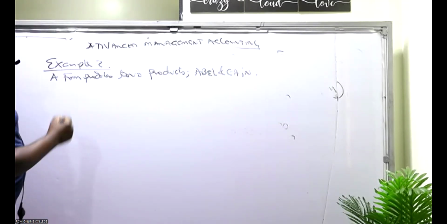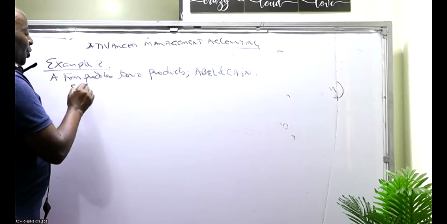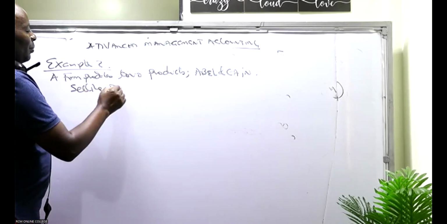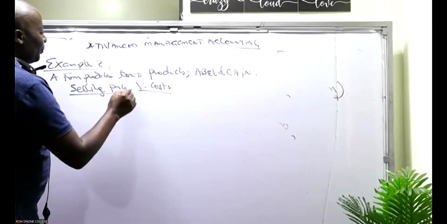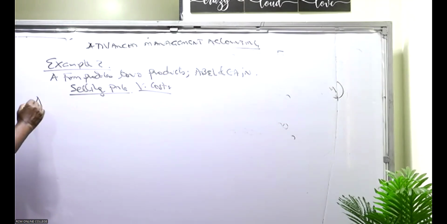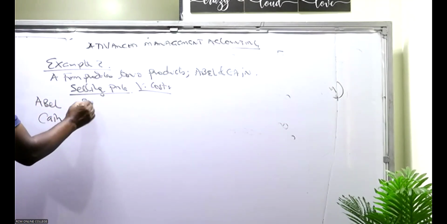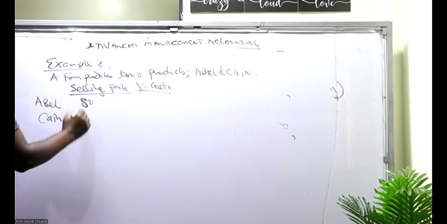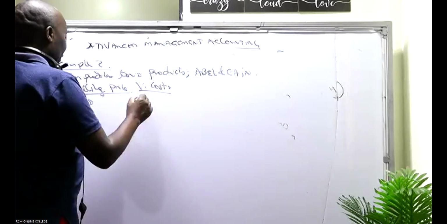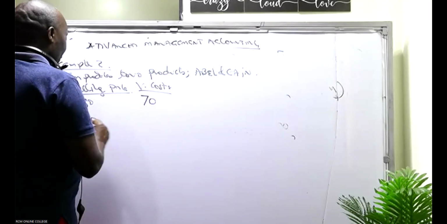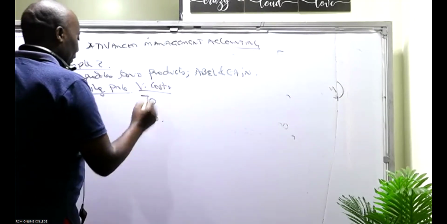So in this case, we have selling prices and variable costs. Abel is 80, Cain is 70. Variable cost, we are looking at 70 here, and here we are looking at 50.